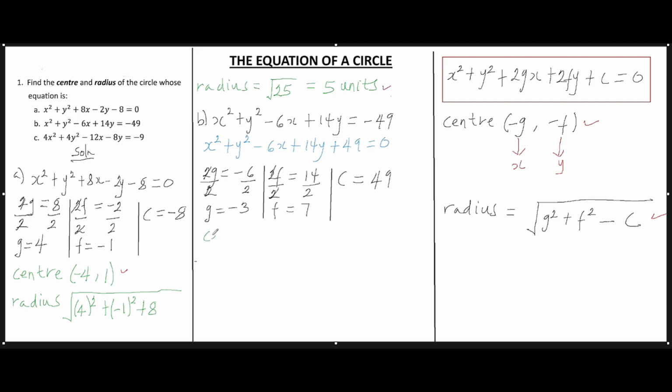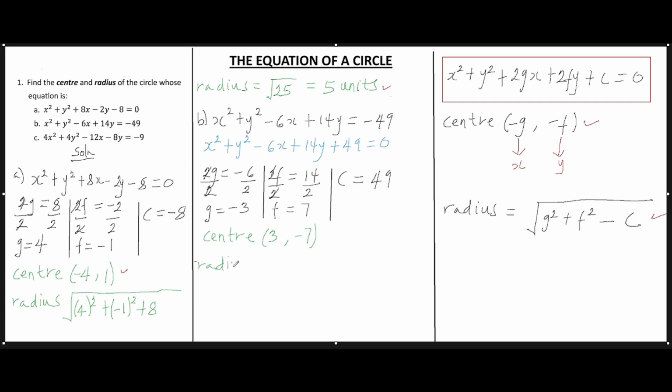Remember, the center is given by minus g, minus f. So minus of minus 3, positive 3, and then minus of 7. That is minus 7. And then the radius.